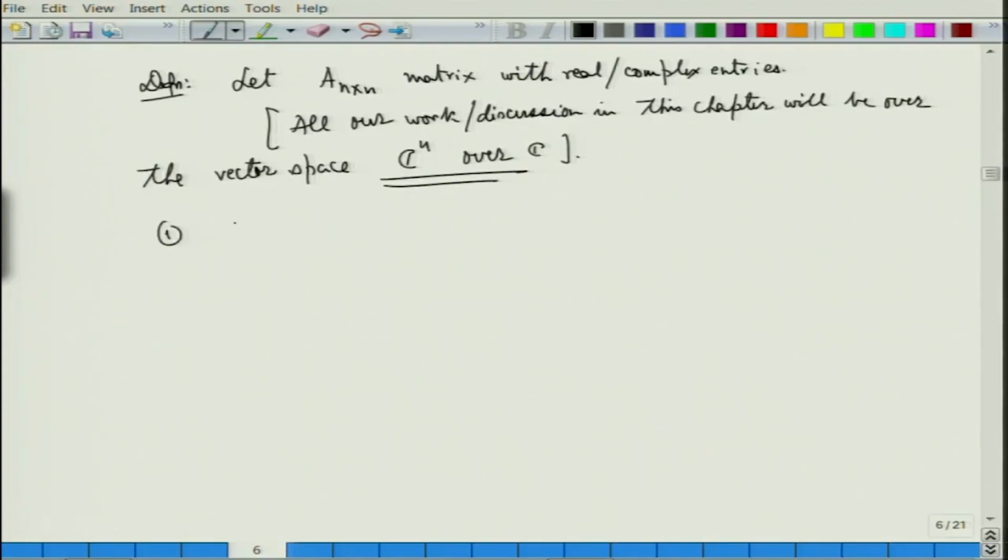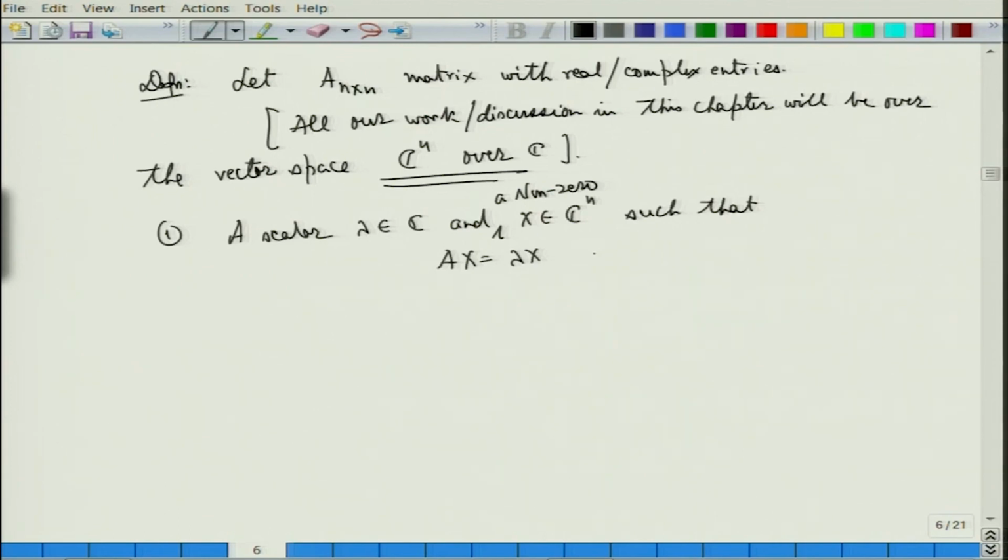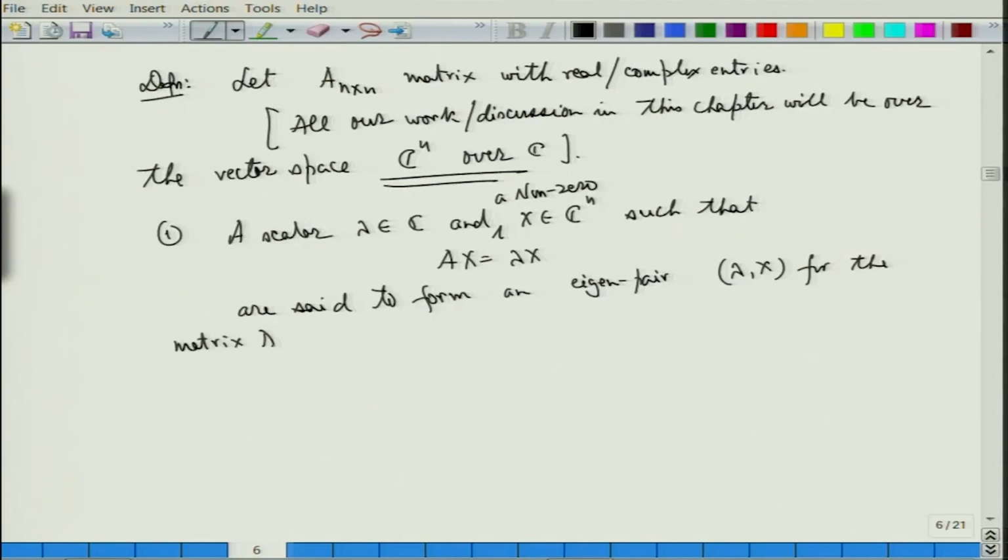So, definition 1. A scalar lambda belonging to C and a non-zero x belonging to Cn, such that Ax is equal to lambda x, the scalar lambda and this x are said to form an eigenpair (lambda, x) for the matrix A. All right.